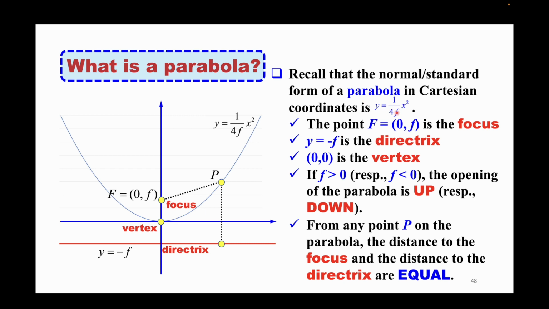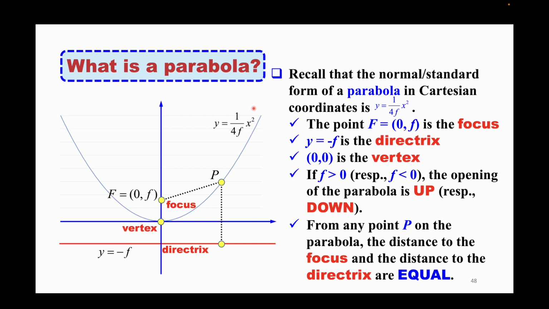From this equation, we know the origin is on this parabola. And given this formula, we know the focus of this parabola is at (0, f). The directrix is the line y equals negative f. If the value of f is positive, the opening of this parabola is up.